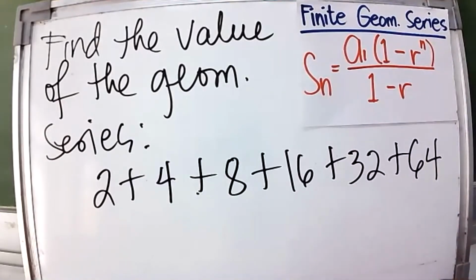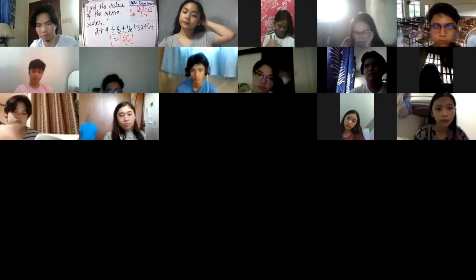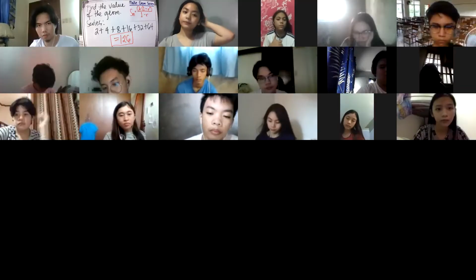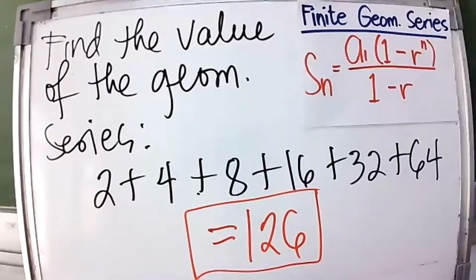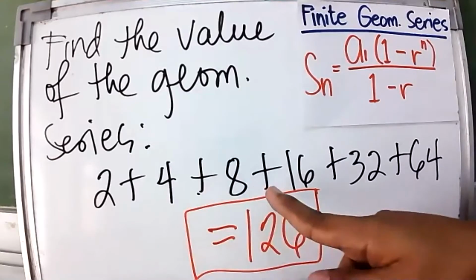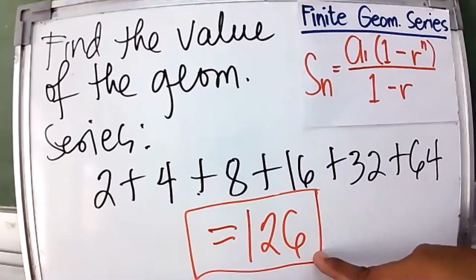Go. Chat me your answer. Very good. And these are the learners who got the answer correctly. Okay, so by simply adding them, you will get 126.